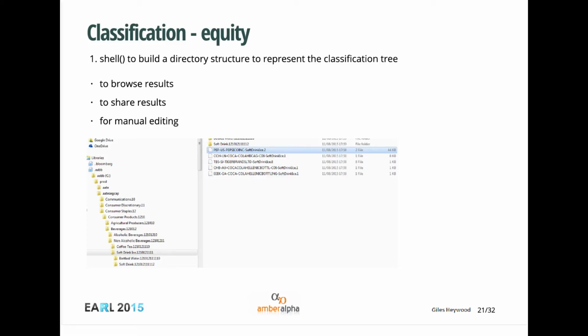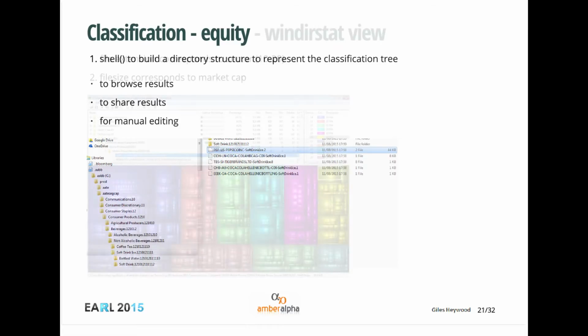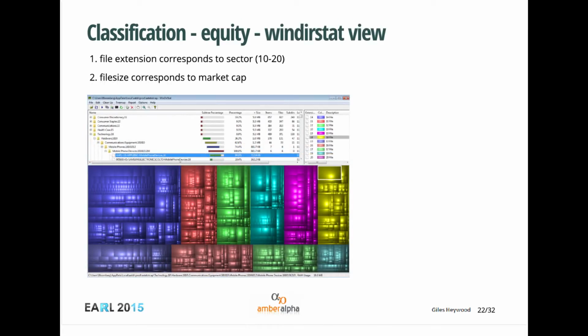But it's quite nice, actually, because you can then share this with whoever. You can send a zip file with just the tree structure, and you can show the results of your pruning and editing. And you can also do manual editing, dragging and dropping revenue segments, for example, up the tree. And you can then visualize it using, for example, your file management tools.